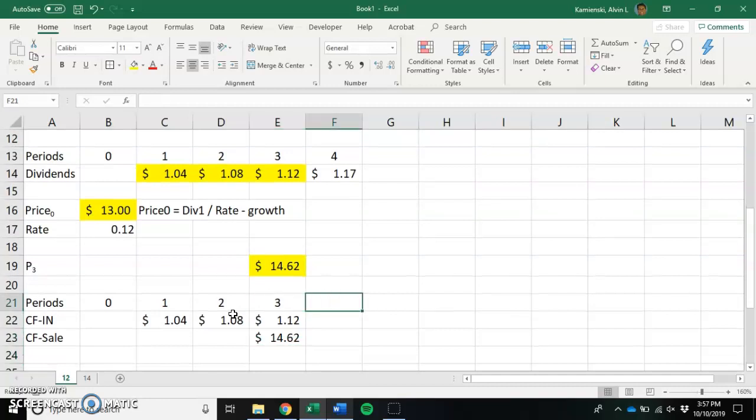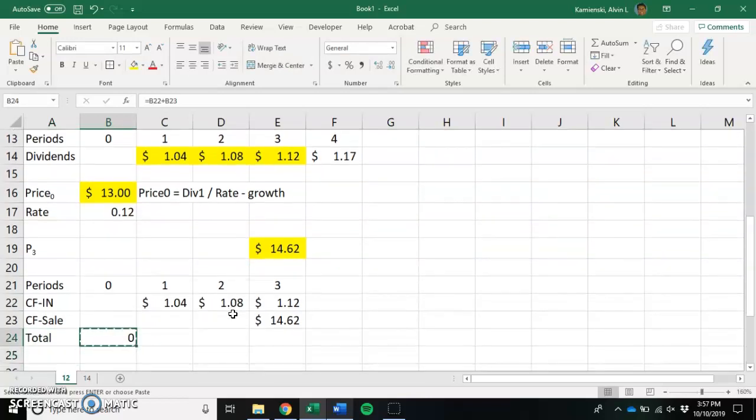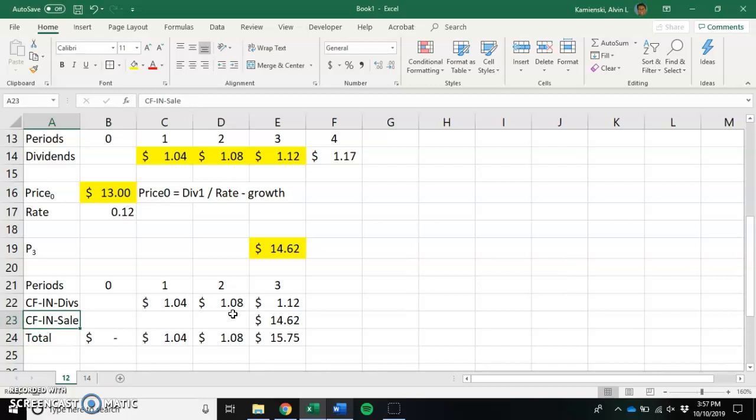The fourth year, we would not get anything. So instead, we would only look at 3 years. If we wanted to, we could total this up and suggest that the cash flows we would get in total would be equal to both the amount that we receive in dividends as well as the cash flows in upon sale.